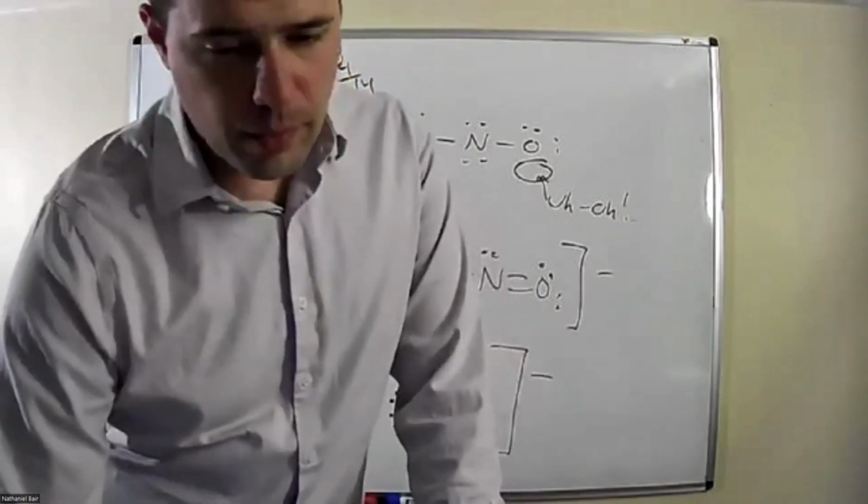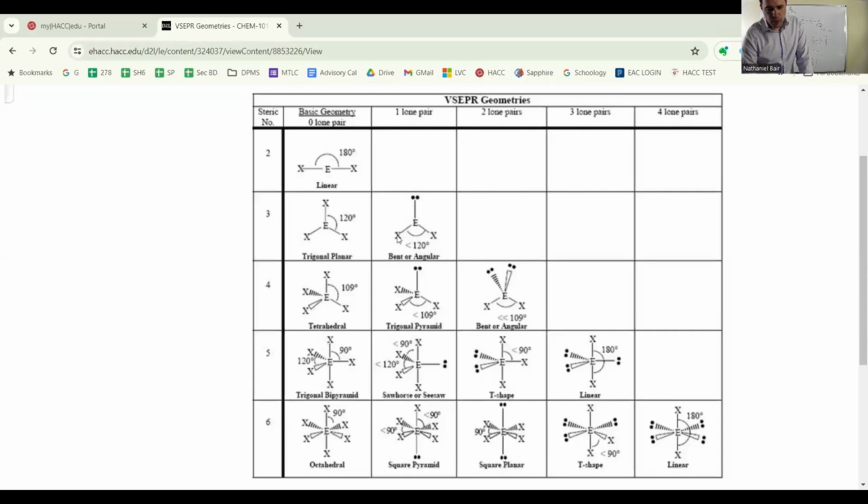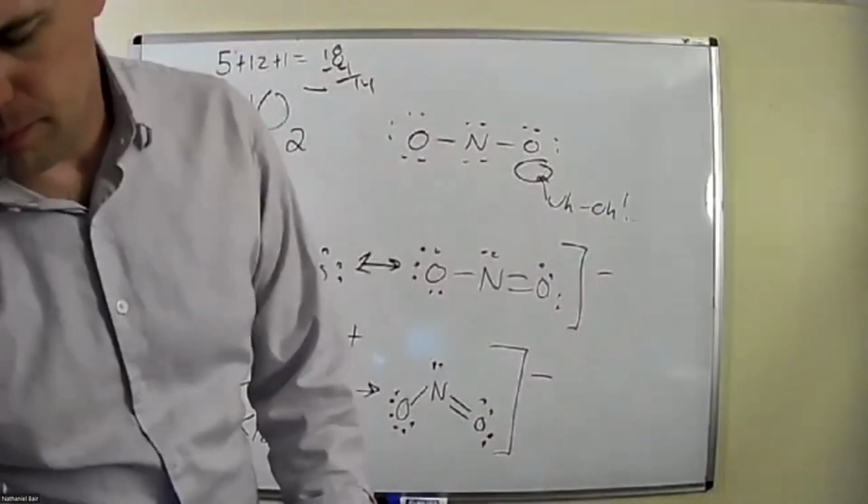If you'll remember, we go here to the sheet: lone pairs need more space than bonds. So if this was a perfect bond, it would be 120 degrees, but that lone pair is smashing everything down, so it's less than 120 degrees. Let's look at domain 3, 0 lone pairs, and talk about why that's a perfect 120 degrees.